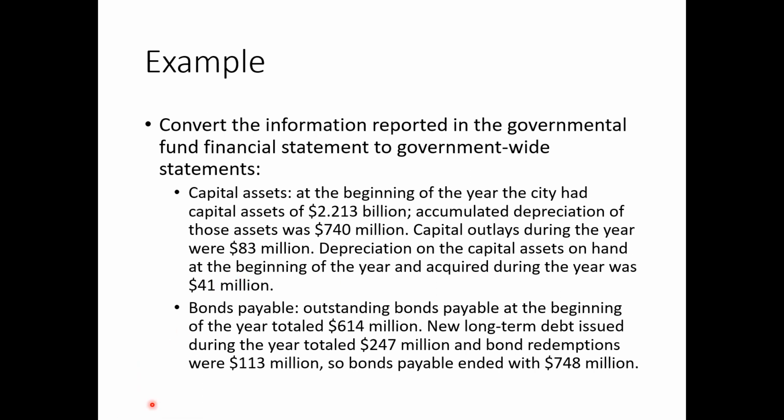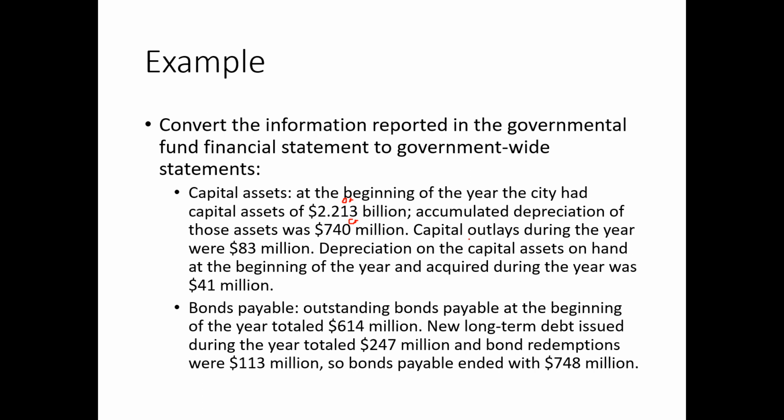We have seen the journal entry in the previous slides, so we know what to do. First, we're going to debit assets, add assets back, and we're going to credit accumulated depreciation. The difference between these two is a net position. So we can also credit net position.